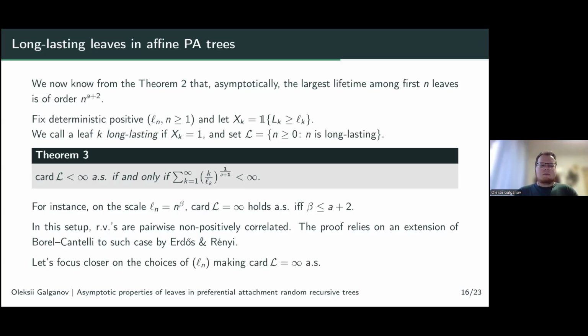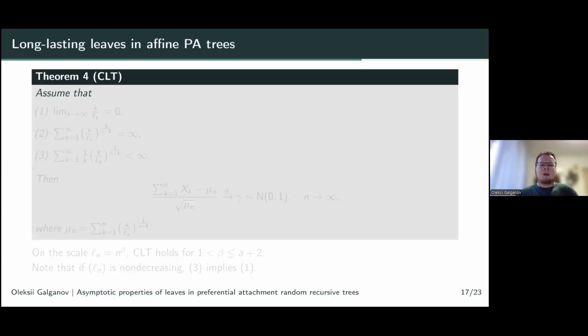From here, let's focus closer on the choices of the sequence Ln making the number of long-lasting leaves almost surely infinite. In this case, we can prove the central limit theorem under some further assumptions on the sequence Ln.